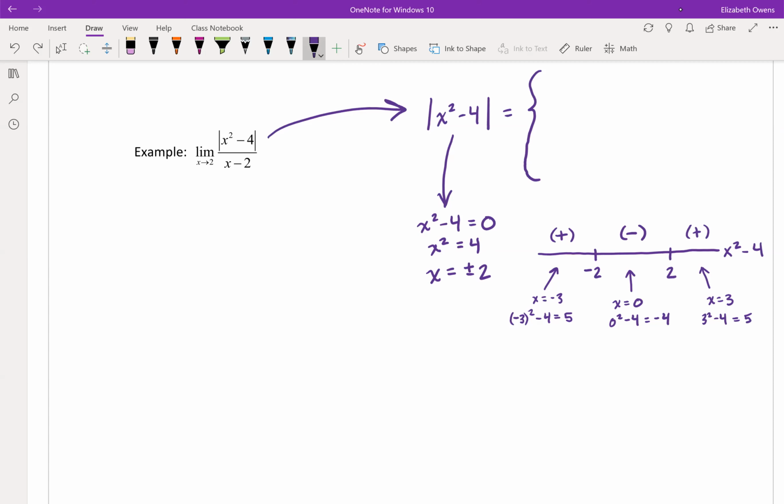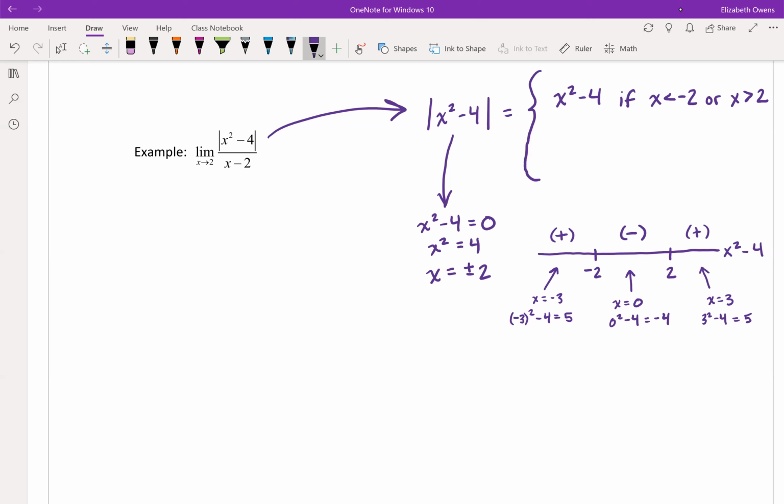So the absolute value of x squared minus 4 is just going to be x squared minus 4 if x is in either of those two regions. That would be if x is less than -2 or x is greater than +2.